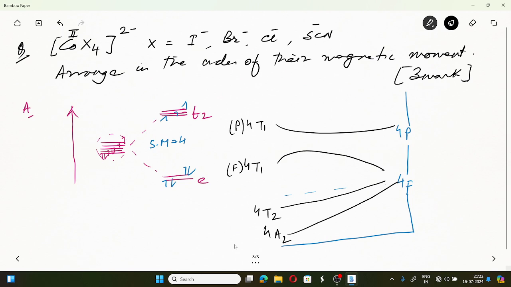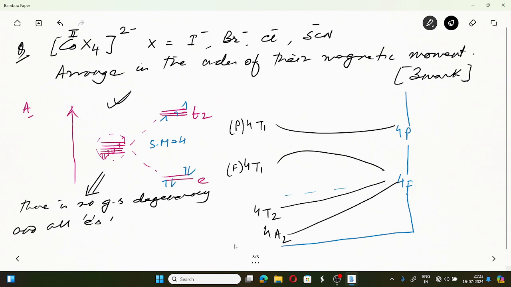ঠিক আছে, তো তাহলে দুটো স্প্লিটিং ডায়াগ্রামই তুমি কিন্তু দেখাচ্ছ, একটা অর্গেল ডায়াগ্রাম, একটা ক্রিস্টাল ফিল্ড স্প্লিটিং ডায়াগ্রাম। তাহলে আমরা এবার কি লিখবো? দুটো ডায়াগ্রাম তো দেখানো হলো। Next, what should we write? ফার্স্টে এইটা নিয়ে আমাদের লিখতে হবে যে এইখান থেকে আমরা দেখতে পাচ্ছি, there is no ground state degeneracy and all electrons in T2 set are of identical spins, ঠিক আছে?